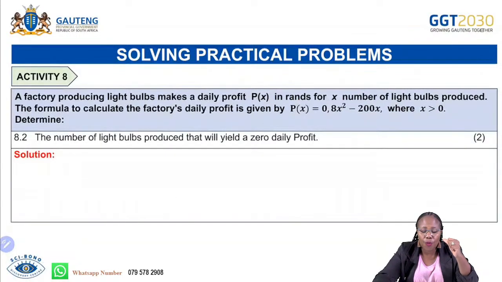How many possible bulbs can you produce that will never give you a profit? Yes, bulbs will be produced, but they will never give you a profit. Sometimes when you think about this, it sounds like it is impossible to produce something and it will never give you a profit. If you ask mathematical literacy learners, they can explain this to you thoroughly.